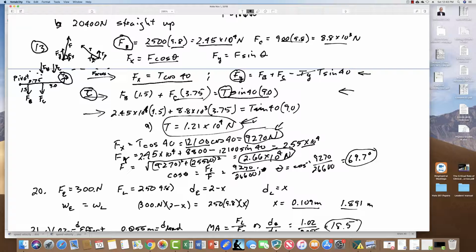Going back to this equation up right here, we can solve this for the cosine of theta, and it's equal to the X component divided by F, or 9270 divided by 26,000, so theta is the inverse cosine of that, and theta is equal to 69.7 degrees. And I'm sorry for the confusion on this.